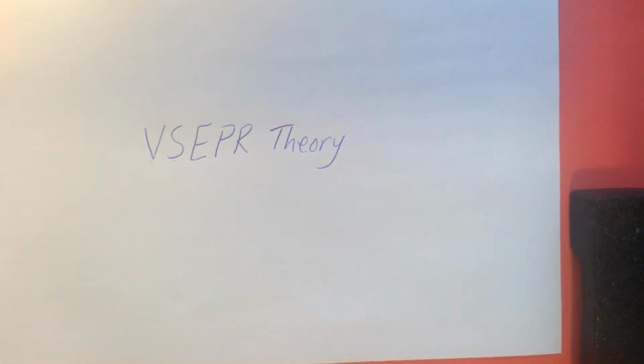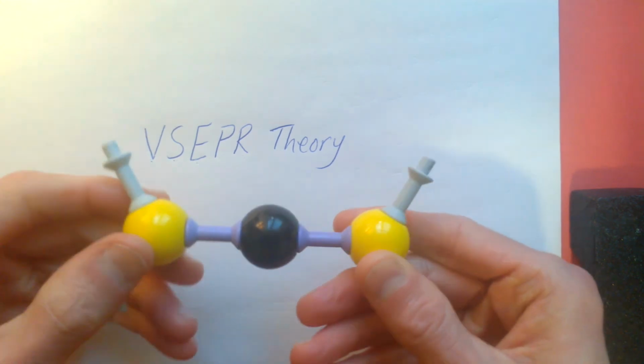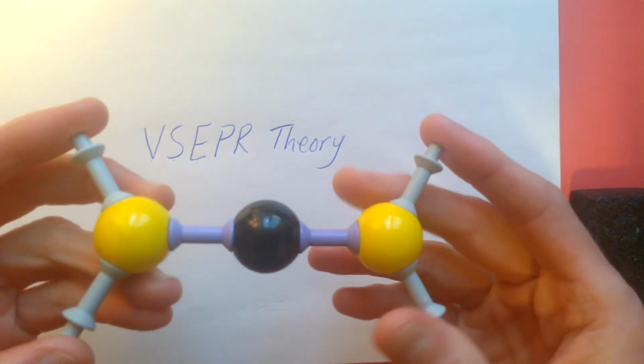VSEPR theory is the idea that when molecules are built and the geometric arrangement is established, the bonded atoms and the lone pairs of electrons will orient themselves to be as far apart as possible. Because even though the electrons are involved in bonds, they're still electrons and they're still going to be repelling each other.